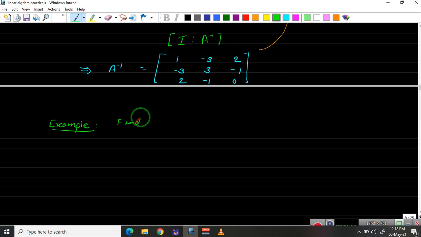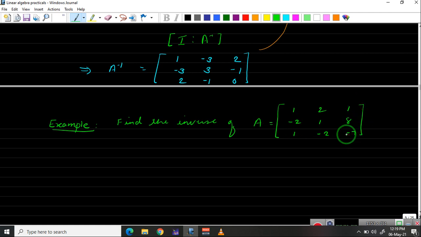So find the inverse of, let us take a matrix A equal to [1 2 1; -2 1 8; 1 -2 -7].